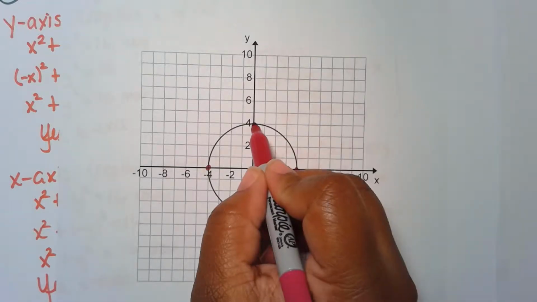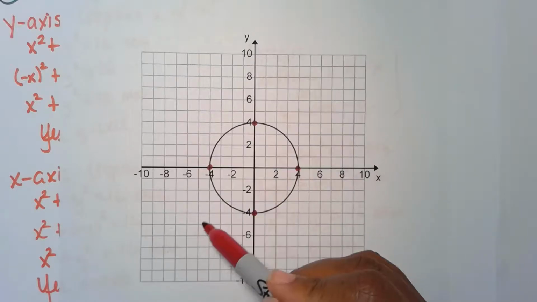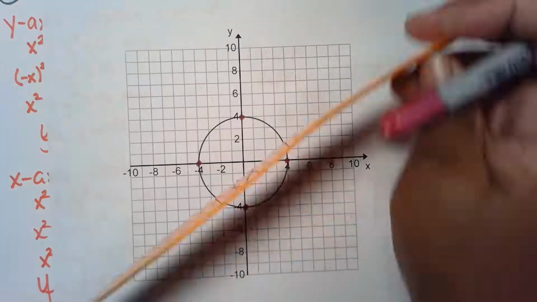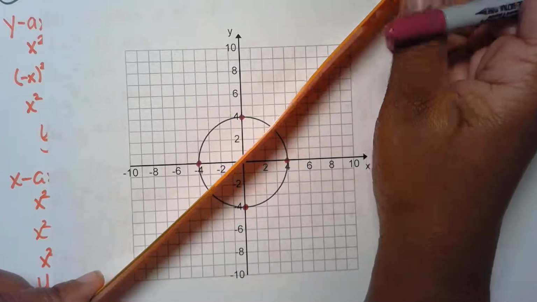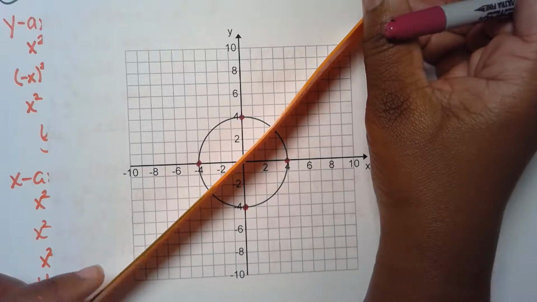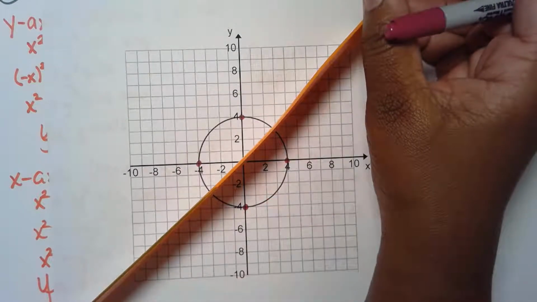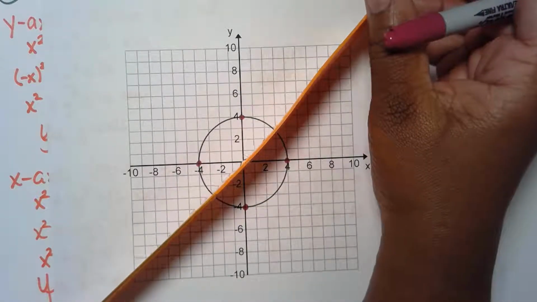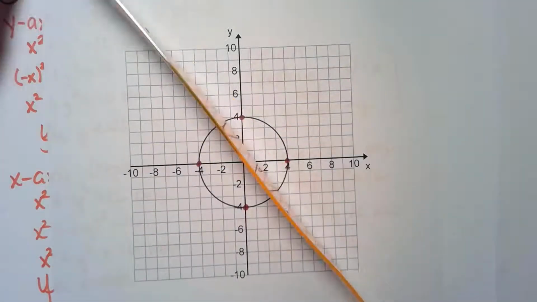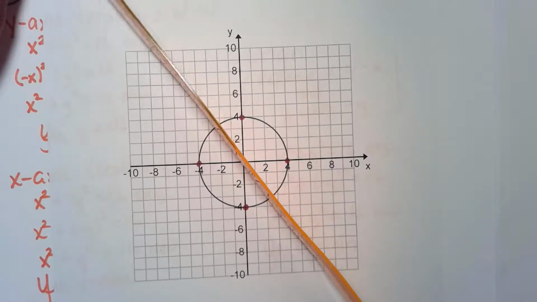We have points that are going to match. We can fold at the origin. Okay. If you notice, fold at the origin, then we're going to have points that are going to touch each other. It can be positively if we fold at the origin here, or negatively. But you still will have points that will match.